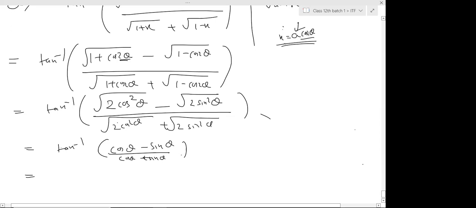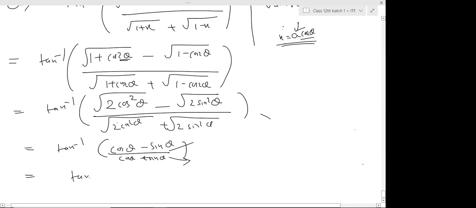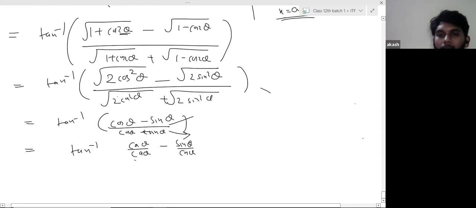The whole equation, right? The numerator and the denominator. Okay. So this becomes cos theta upon cos theta minus sine theta upon cos theta, whole divided by cos theta upon cos theta plus sine theta upon cos theta, and this is bracket.